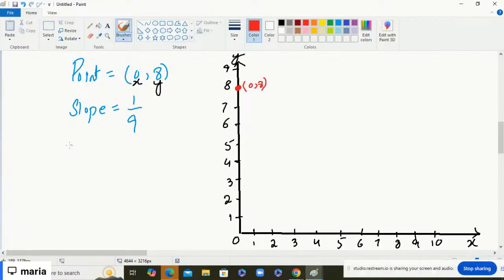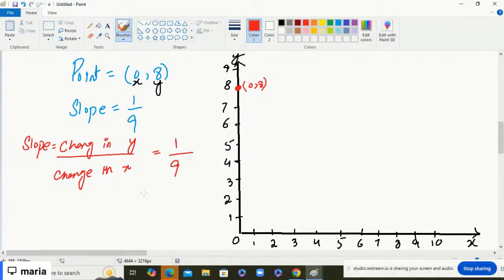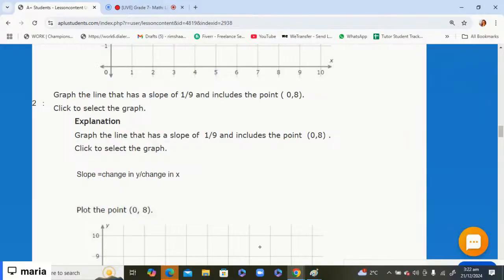Now the slope is 1/9. What does it mean? The slope equals change in y over change in x. Change in y is 1, change in x is 9. So x is 9, y is 1. Wait, let me see, it's 1 by 9.